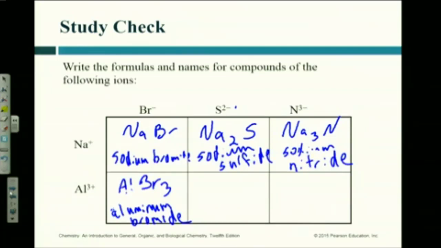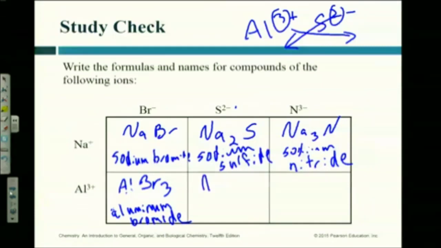If you cross the charges over, it becomes Al2S3. Aluminum sulfide. And this last one, 3 minus and 3 plus, it is just AlN. And it is aluminum nitride. Okay.